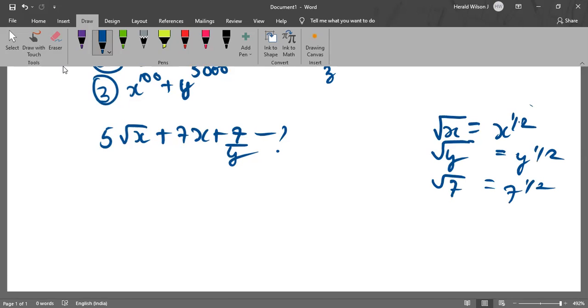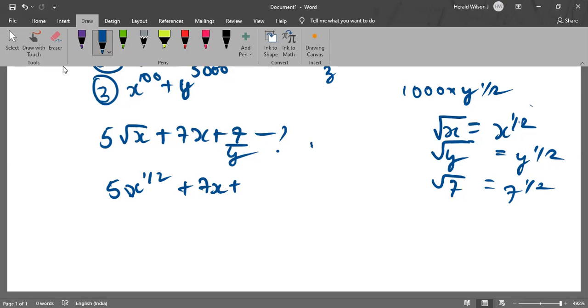Are you understanding? So if I write 5 root x or 1000 root y, it will be 1000 into y raised to half. That is actually the root converted to that number. Clear? So 5 root x can be written as 5 x raised to half plus 7x plus, now look here, 7 by y.